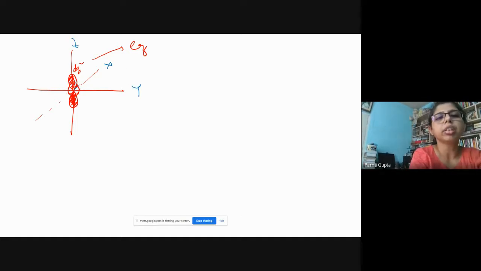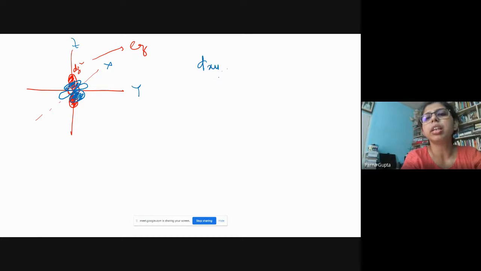So electron density in x and y. So your change is dxy to dz2. Now the electron density that this dxy has has no component in dz2.